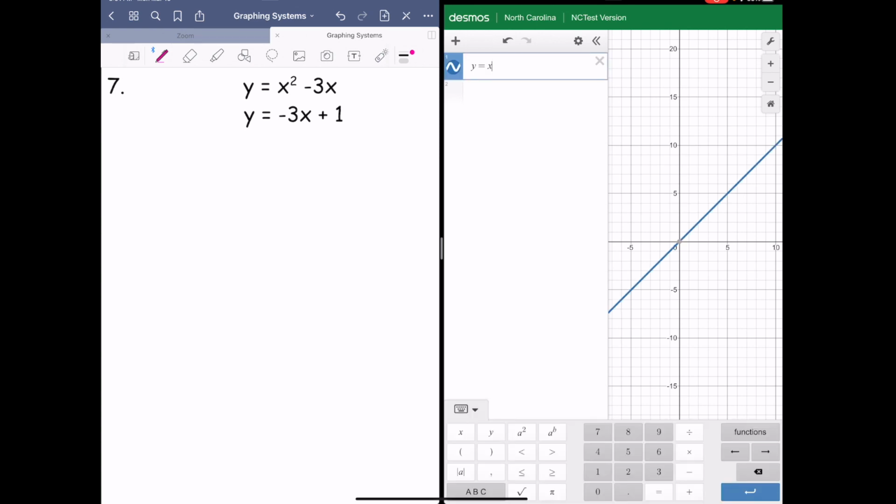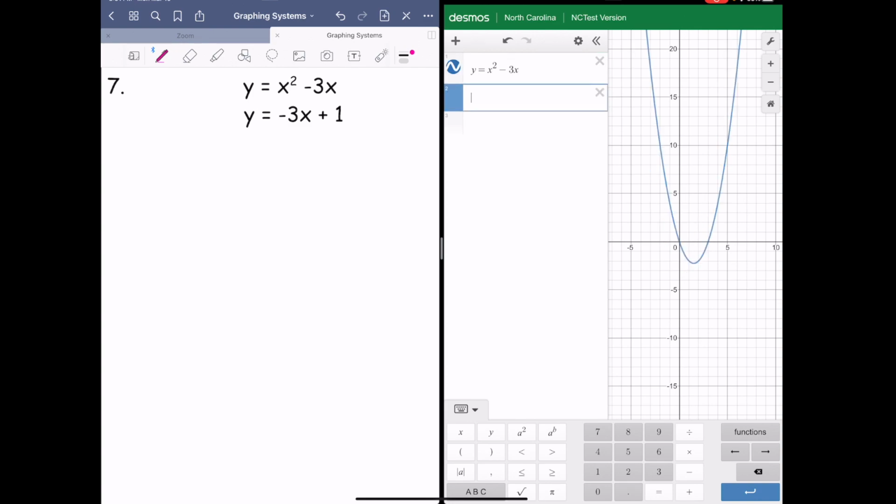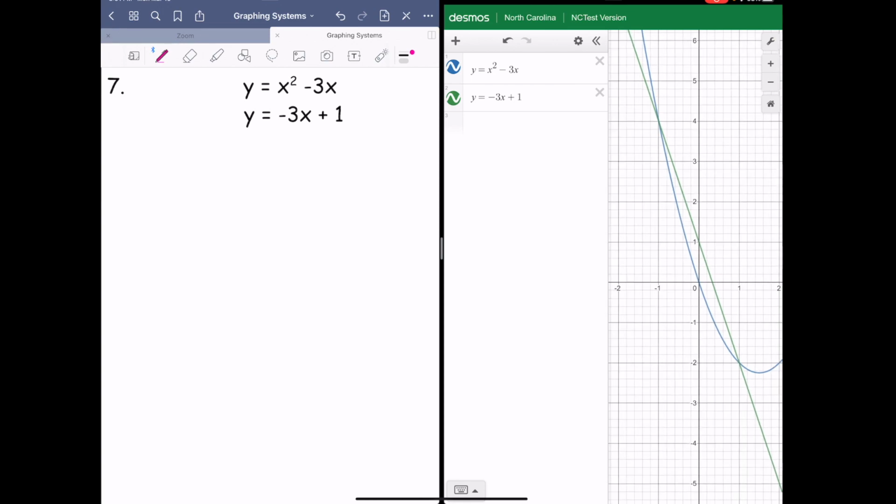In number 7, we have a quadratic, x squared minus 3x, and we have y equals negative 3x plus 1. Right, so we're going to find our solution, so we're looking for the intersections. Now, we need to zoom in to see the intersections on this one.